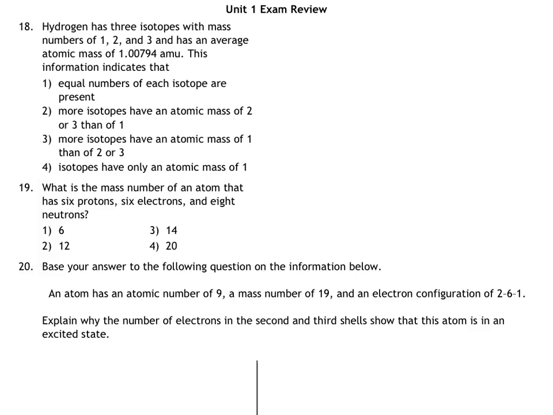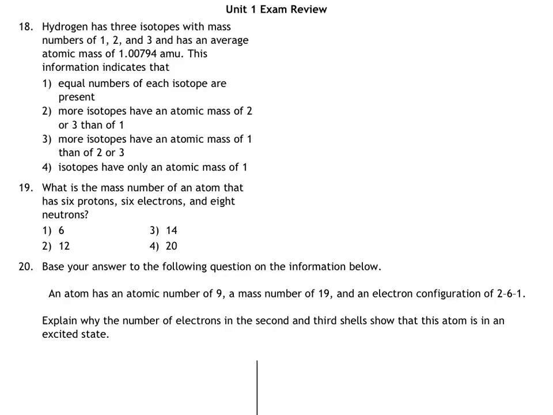All right, number 18, it says hydrogen has 3 isotopes with mass numbers of 1, 2, and 3, and it has an average atomic mass of 1.00794 AMU. This information indicates that... All right, so do you see how this atomic mass is really very close in magnitude to this mass number? So we have a mass number of 1 for one isotope, and then we have an average atomic mass of basically 1.